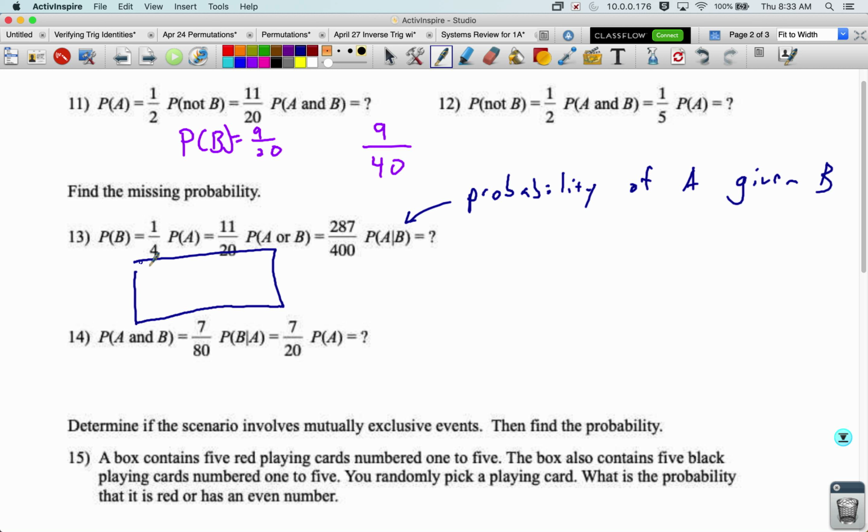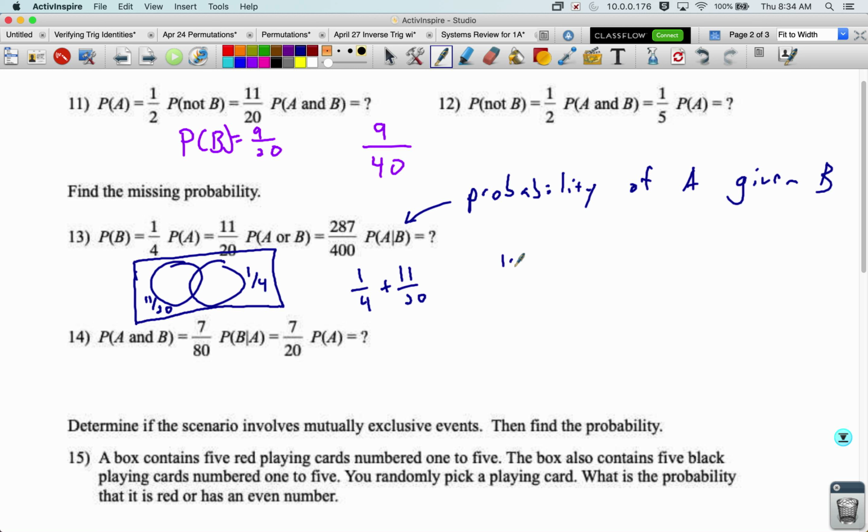So a picture can be kind of helpful here of A and B. This is 11 out of 20. This is 1/4. But when we add them together, let's actually add them and see what we get. So 1/4 plus 11 out of 20. Let's make a match with that denominator too.